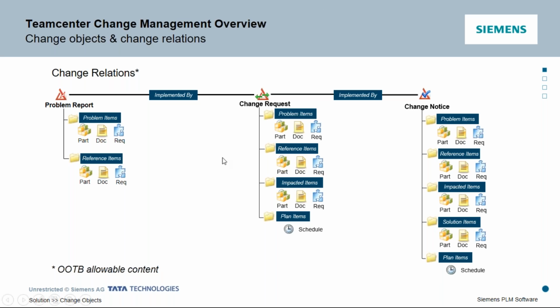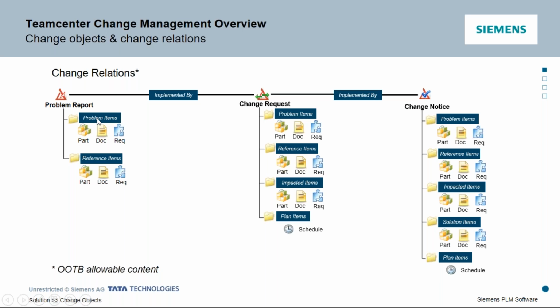So at the beginning of the change, at the driver phase, an example is a problem report, which will be implemented by a change request, and a change request will further be implemented by a change notice, right? Now, each of these objects, problem report, change request, and change notice, have certain relations underneath them, or pseudo folders in terms of Teamcenter terminology, right?